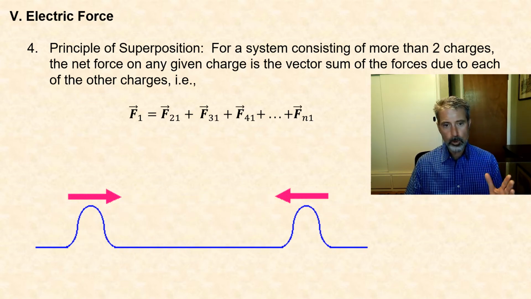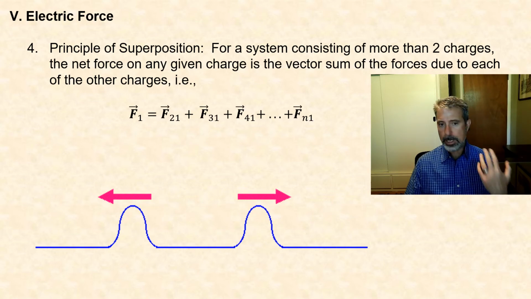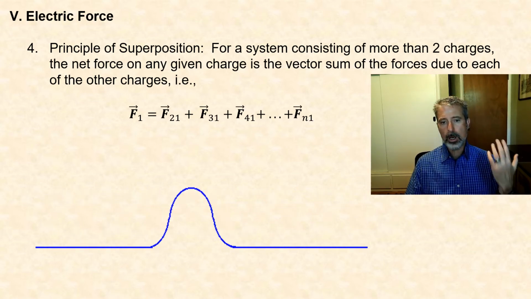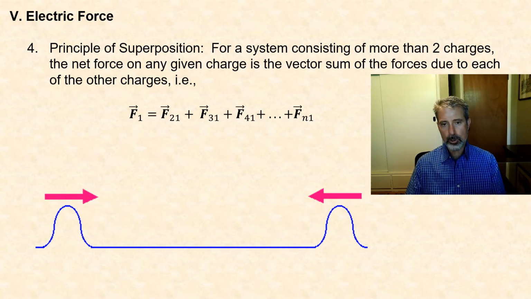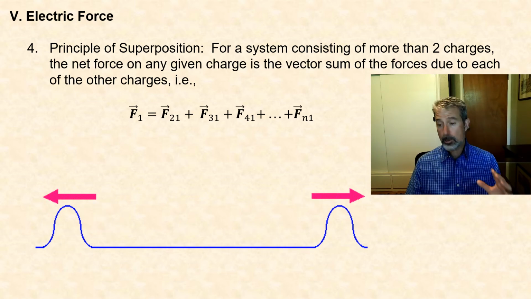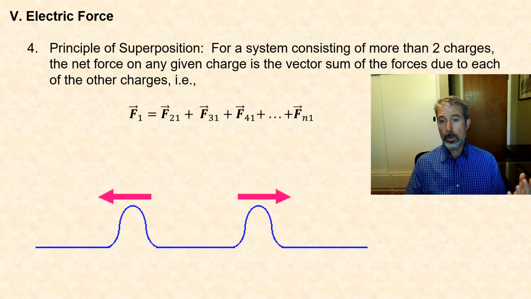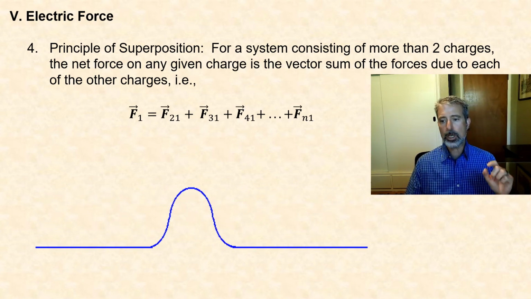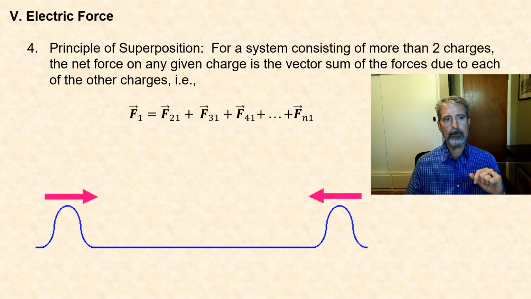In other words, the force on charge 1 would be equal to the force that charge 2 exerts on charge 1, plus the force that charge 3 exerts on charge 1, and so on. We use this in conjunction with what we know about vector addition to find the net force on any given charged object.